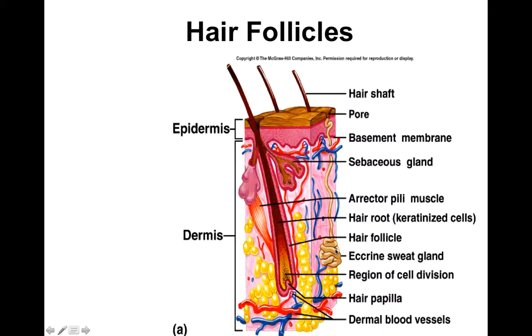All right, hair follicles. Hair follicles sit in these tube-like depressions. The hair grows from these epidermal cells, and the epidermal cells are found down here next to this hair papilla.